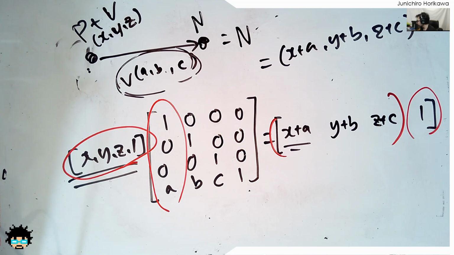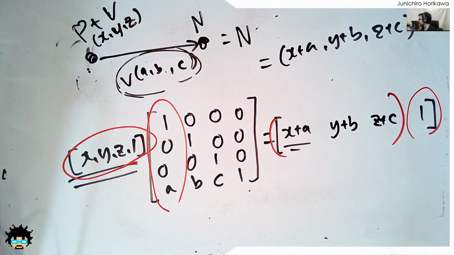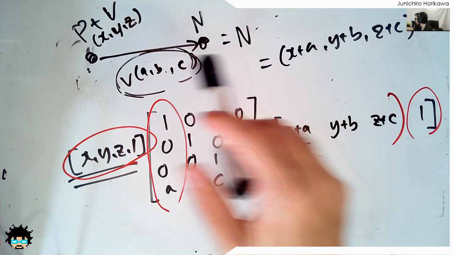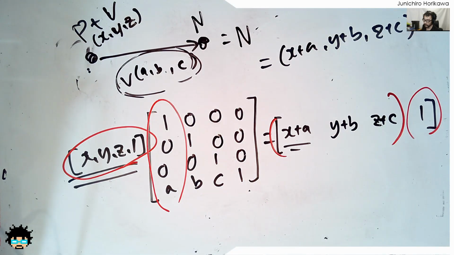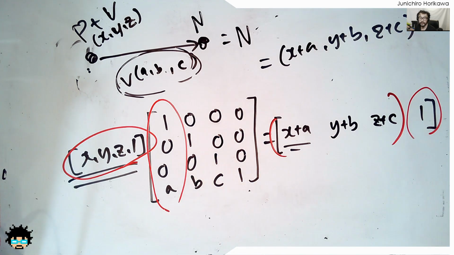So by creating a matrix like this, you can do a translation, which is similar to adding a vector value to a position coordinate. So let's try to create this translation matrix in Houdini and see how this works.